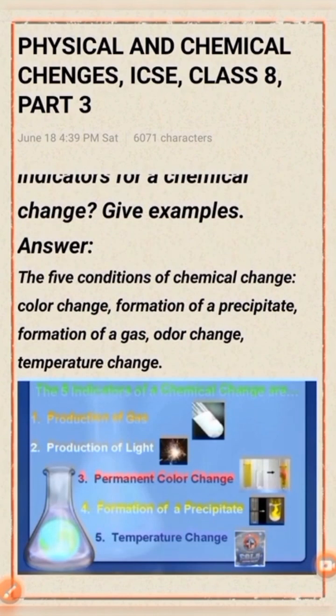Show the video on the five indicators of a chemical change. Number one, production of gas. Number two, production of light. Permanent color change, formation of a precipitate.